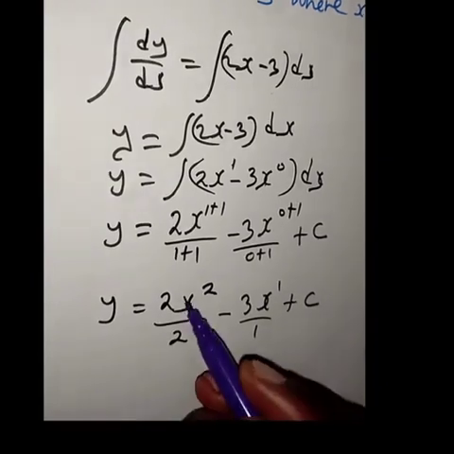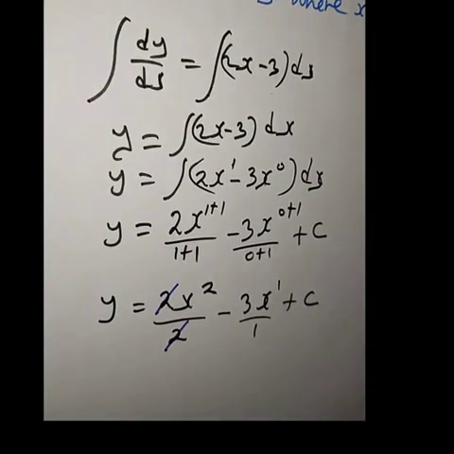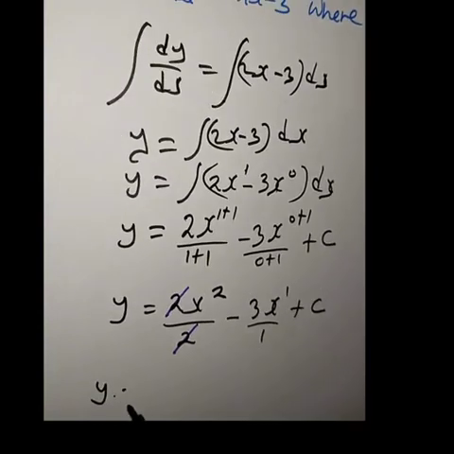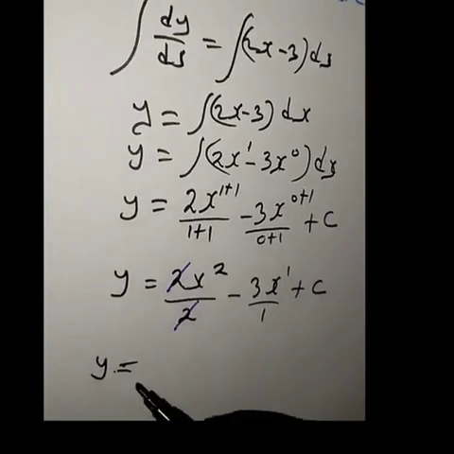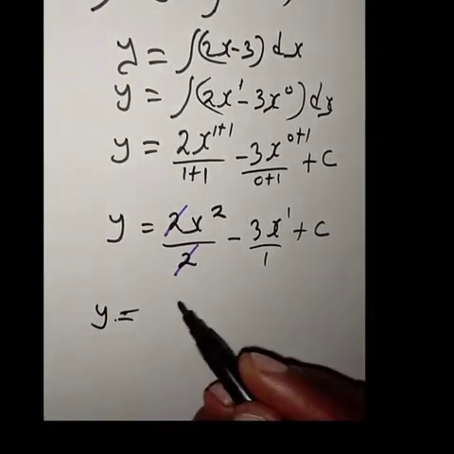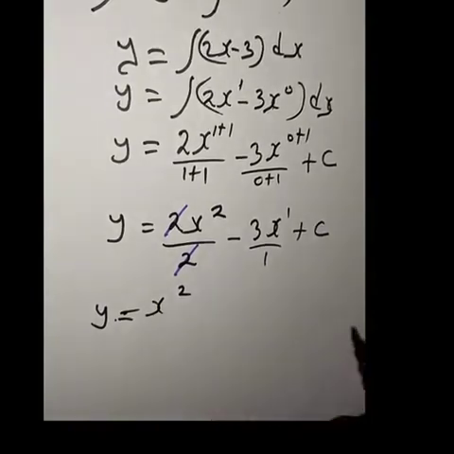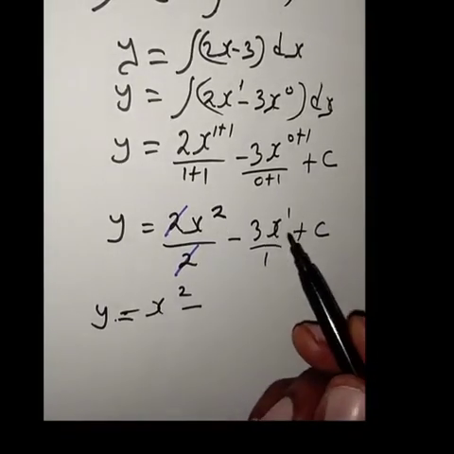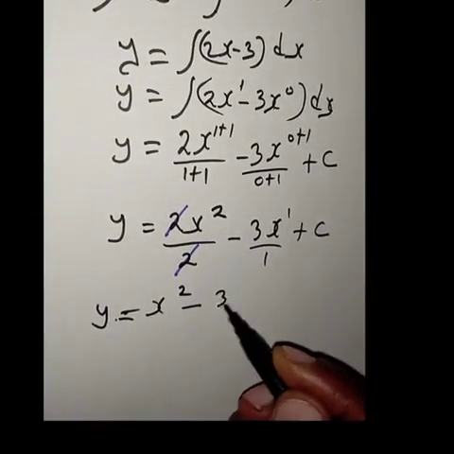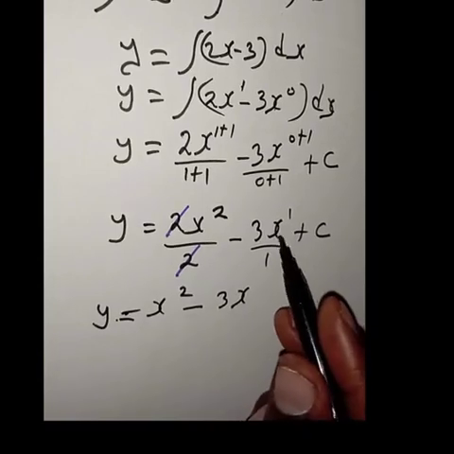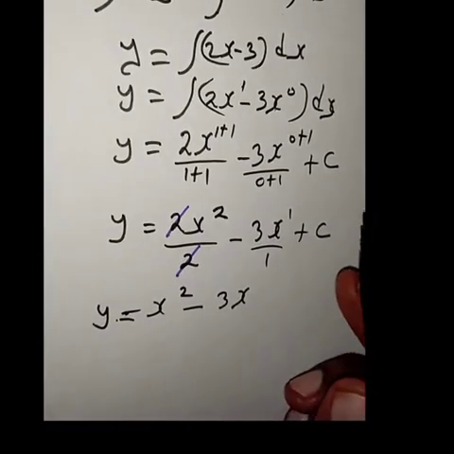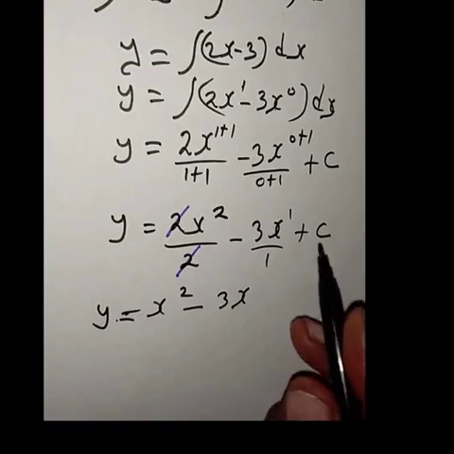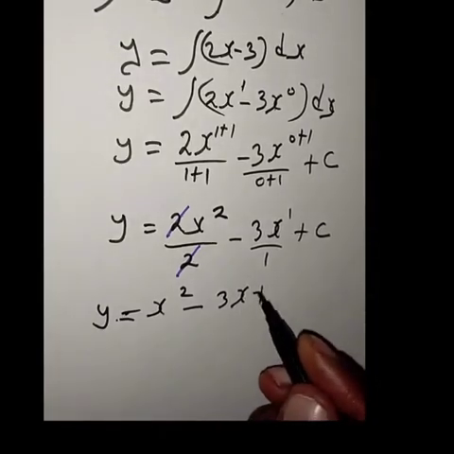You can see a 2 and a 2. So we have remained with y is equal to x squared minus 3x to the power 1, same as 3x, plus c.